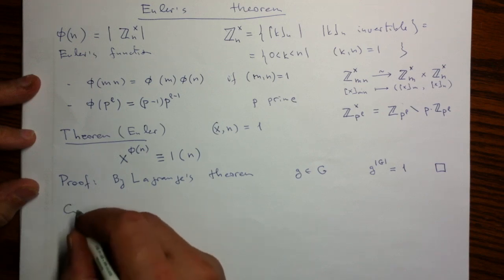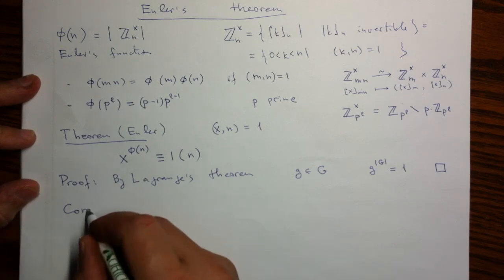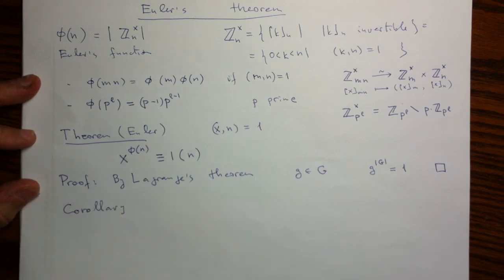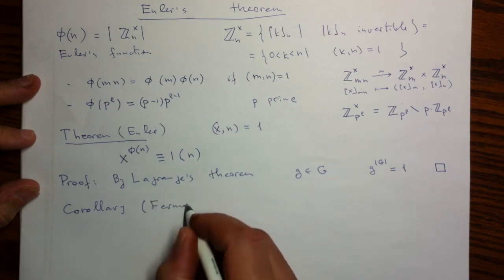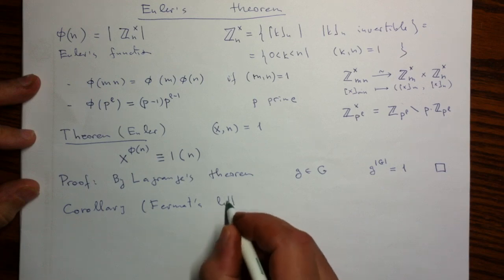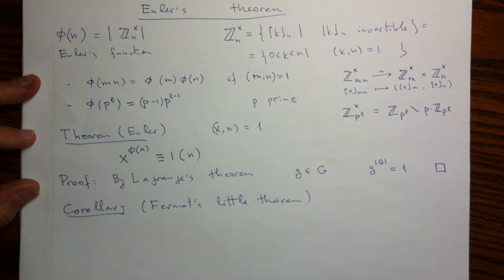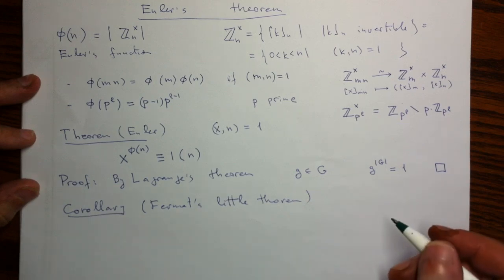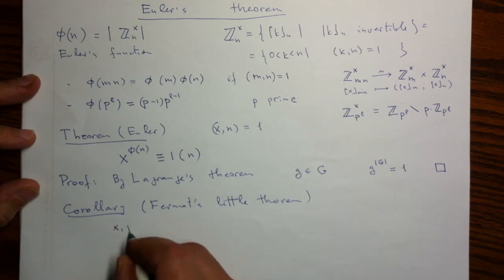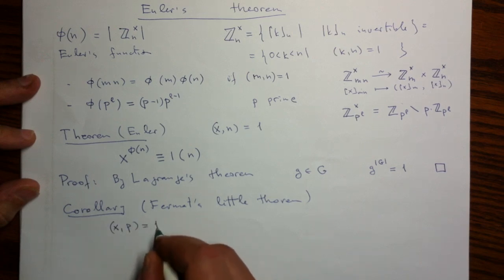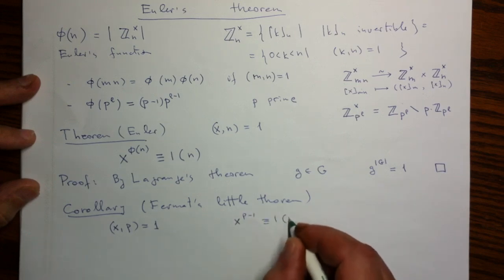Let me finish by showing how Euler's theorem generalizes Fermat's theorem. So here's a corollary, which is Fermat's little theorem. There are two versions, but one version says that anything which is not divisible by p, coprime to p, raised to the power p minus 1 is congruent to 1 mod p.